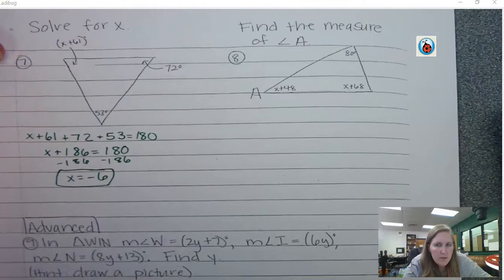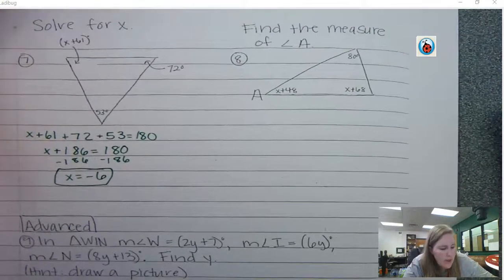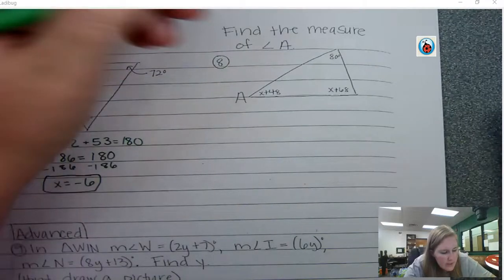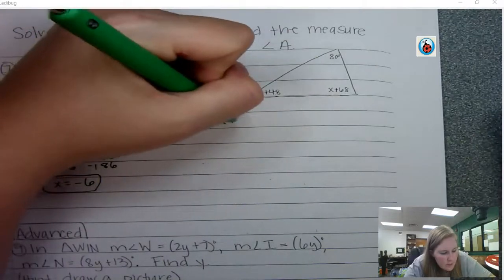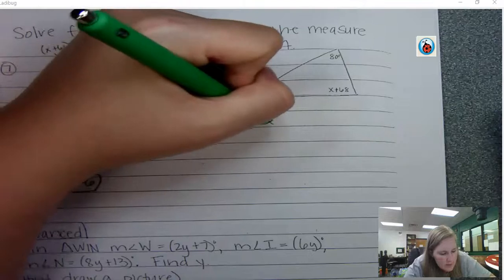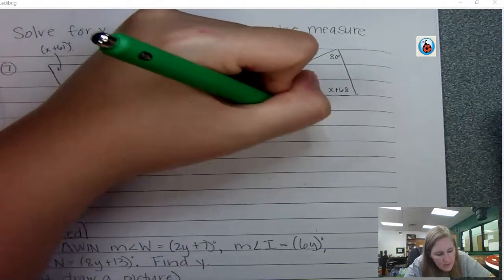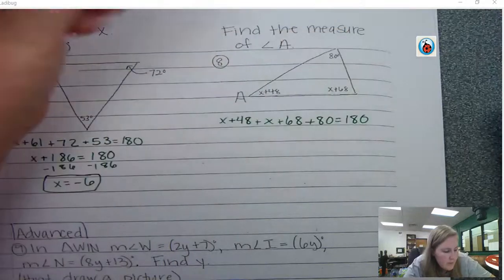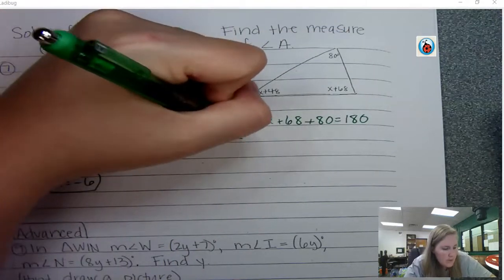But yeah. Moving right along, find the measure of angle A. So what we're going to do is solve for x and then plug x back in. x plus 48 plus x plus 68 plus 80 equals 180. Combine like terms.